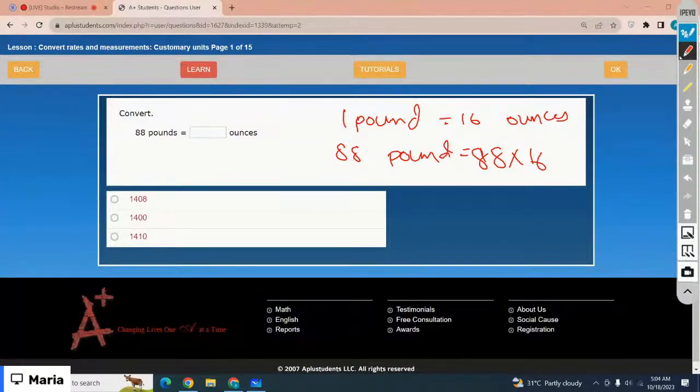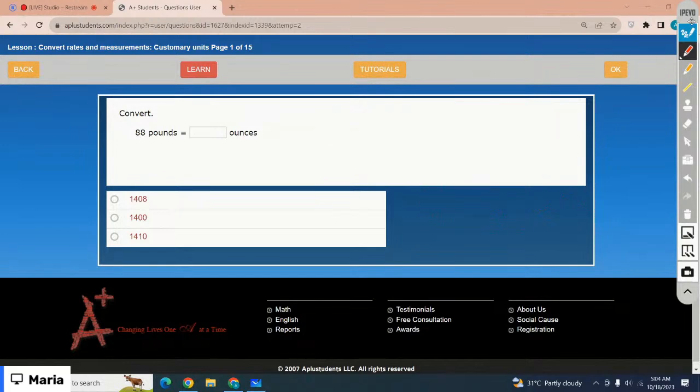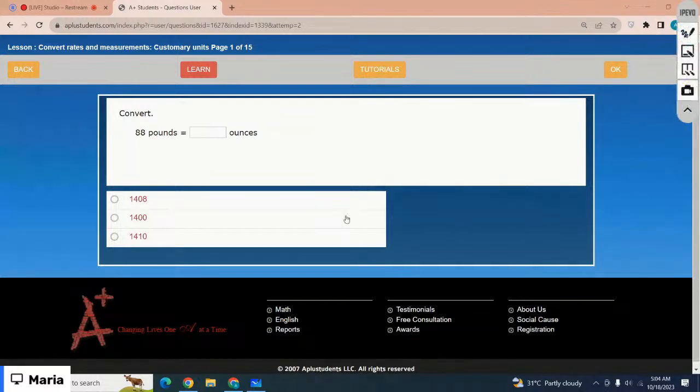The correct option is 1408 ounces. That means 88 pounds equal 1408 ounces. That is option number 1.